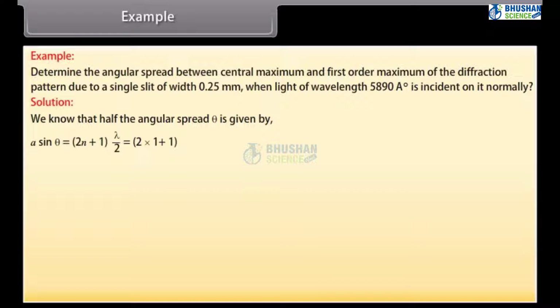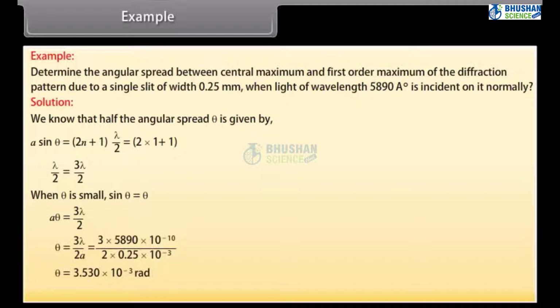On equating this, we get a sin theta equals 3 lambda by 2. When theta is small, then the value of sin theta is equivalent to theta. It gives a theta equals 3 lambda by 2. On putting the values, we get theta equals 3.530 multiplied by 10 raised to the power minus 3. Hence, the total angular spread is equal to 3.530 multiplied by 10 raised to the power minus 3 radians.